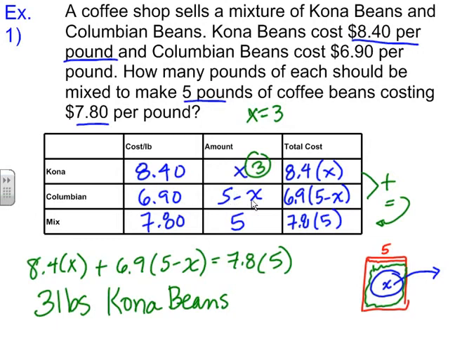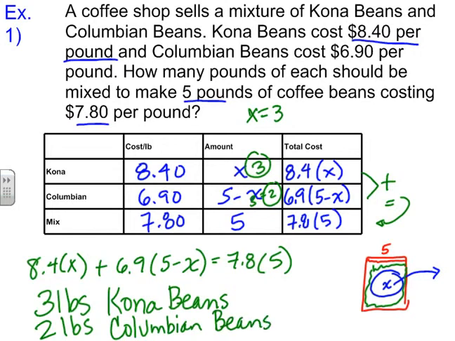And Colombian, I need 5 minus 3, and 5 minus 3 is 2. And 2 pounds of Colombian beans. So this is our final answer here, in words, what it is we're looking for.